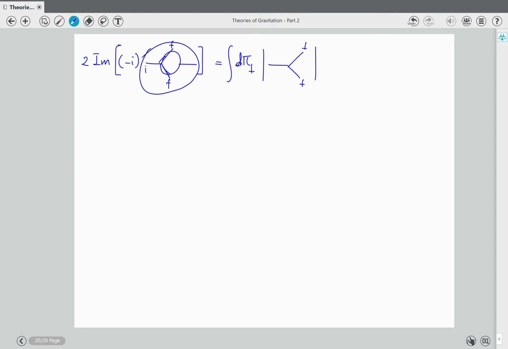That's where the contribution to the imaginary part comes from. And that is indeed a violation of analyticity. It's better to see it explicitly than phrasing it in words.